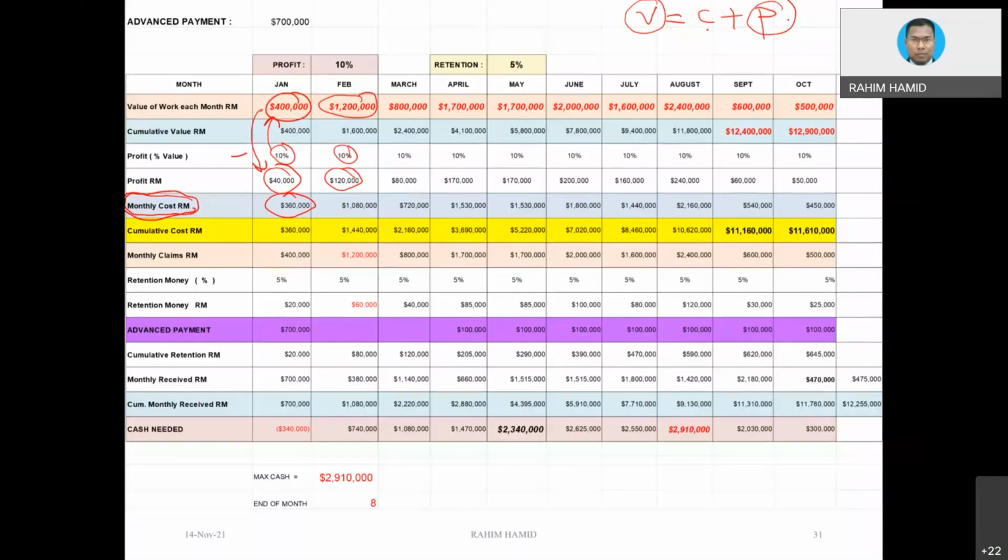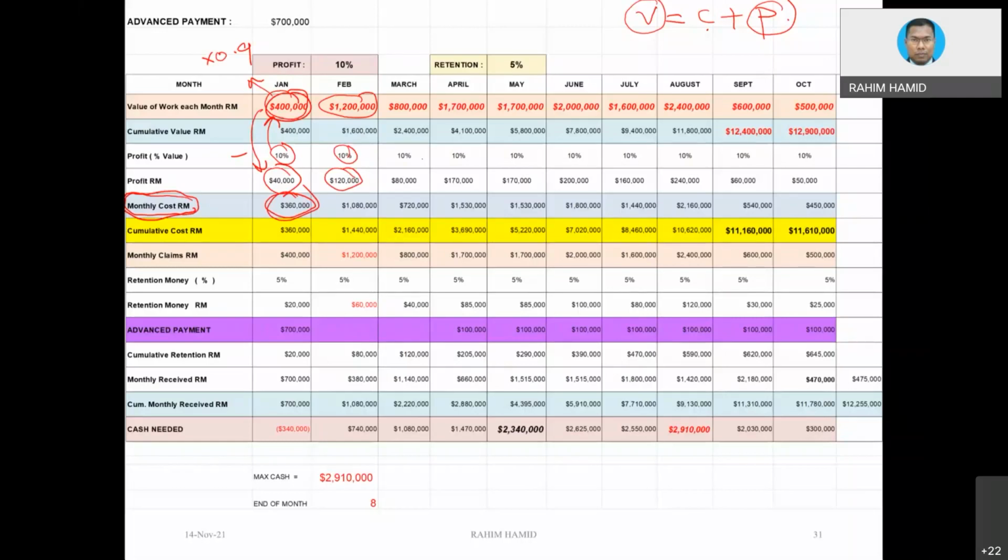But if you do not want to do it like this, why don't you take 400,000 and simply times it with 0.9. For sure you are going to get this value, because we already mentioned to you that 10% of the value is the profit. So for simple calculation, you already know the cost is for sure much less than the value. So that will be the amount, okay?